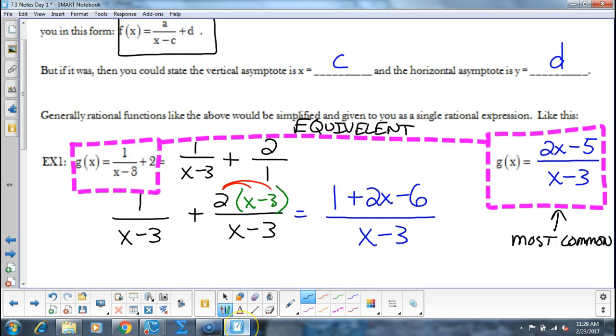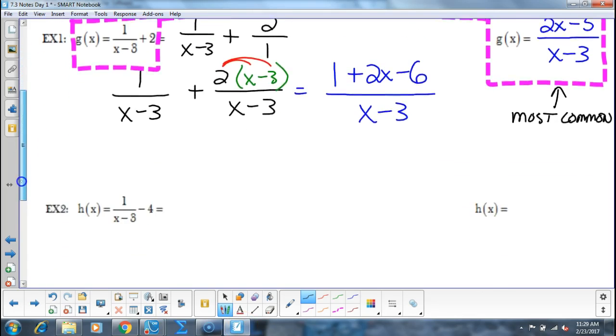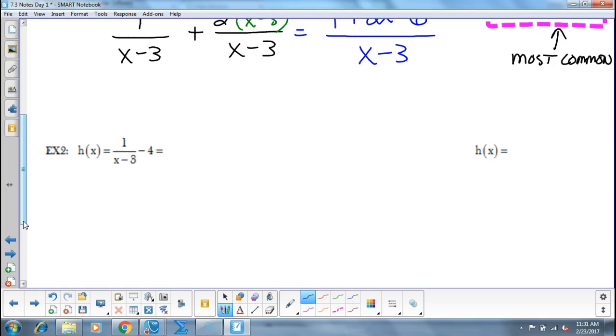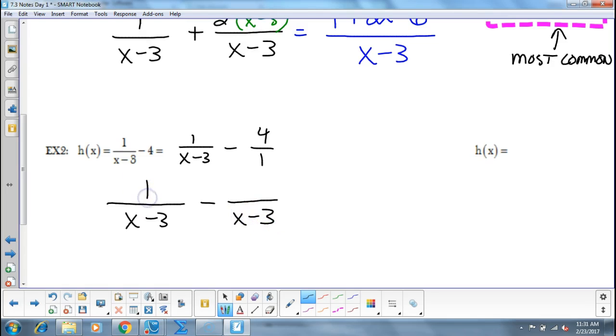What I would like you to do now is change h of x into the more common form. So our common denominator again was x minus 3. First one doesn't need to be changed. Second one, the numerator needs to be multiplied by x minus 3.